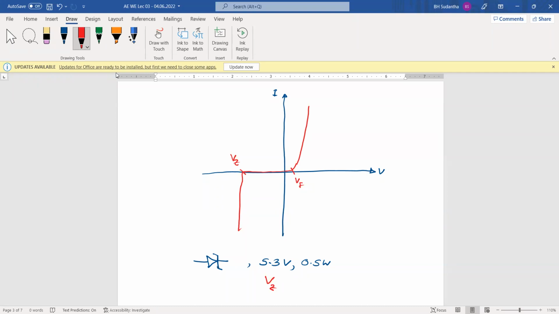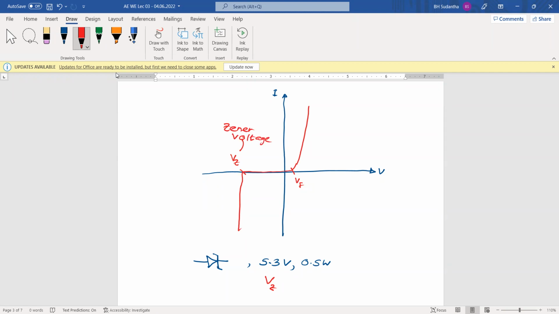After reducing that voltage, it can come back and behave normally. That particular voltage point we call the Zener voltage point. This is V Zener.